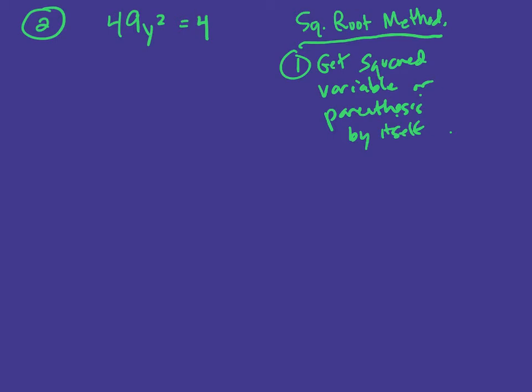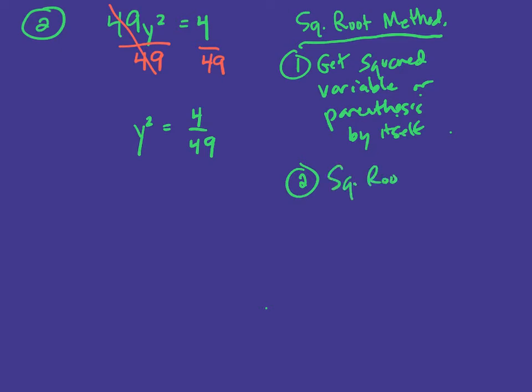So what we would start by doing is getting rid of that 49 by dividing it. Then we end up with y squared equals 4 over 49. Don't turn that into a decimal, just leave it as a fraction. Then our second step is to square root both sides. And don't forget your plus minus. So square root the left, square root the right.